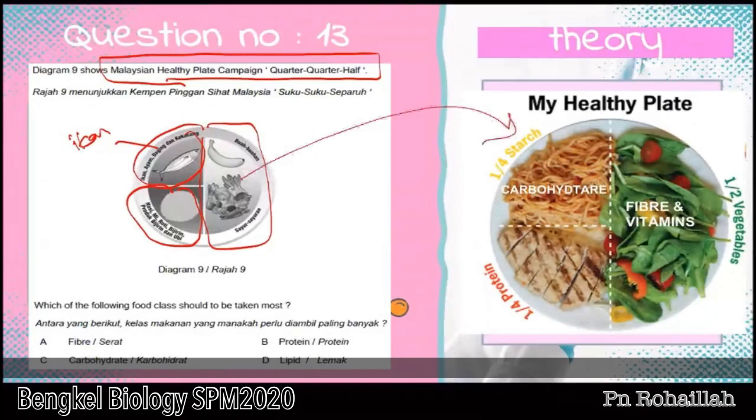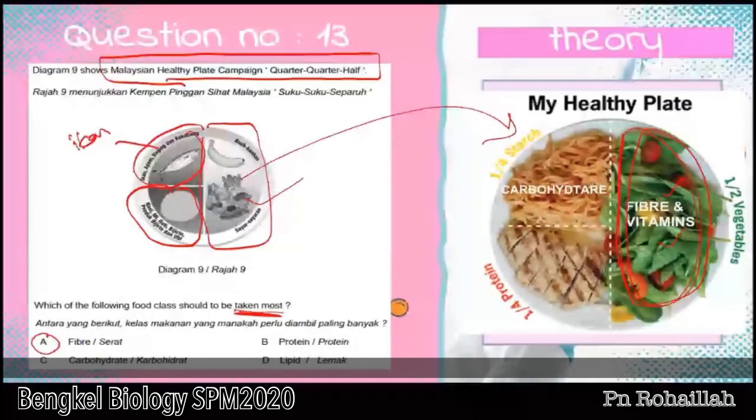The vegetables and fruit are considered as fiber for the vegetables, vitamins for the fruit. So the answer for most taken is A, this one. Sayur dan buah-buahan is fiber.